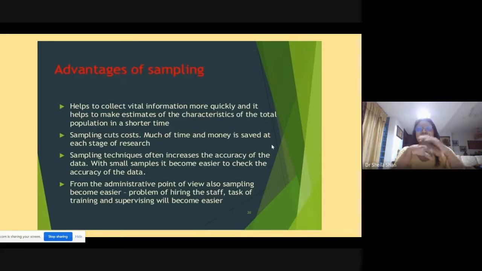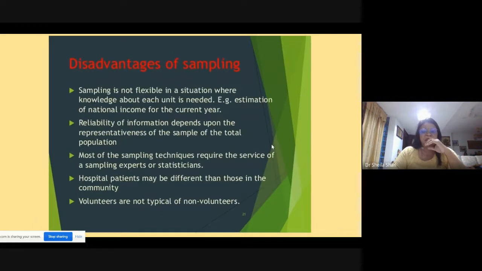Small samples can give you accurate results. You can save time and cost. The disadvantage is whether the sample is reliable or not. Maybe the sample that you pick from the population does not represent the whole population. Then it might become a disadvantage of sampling.